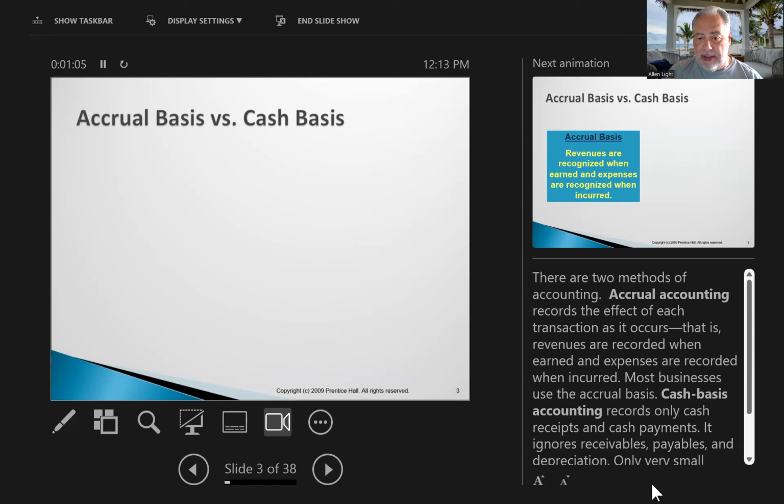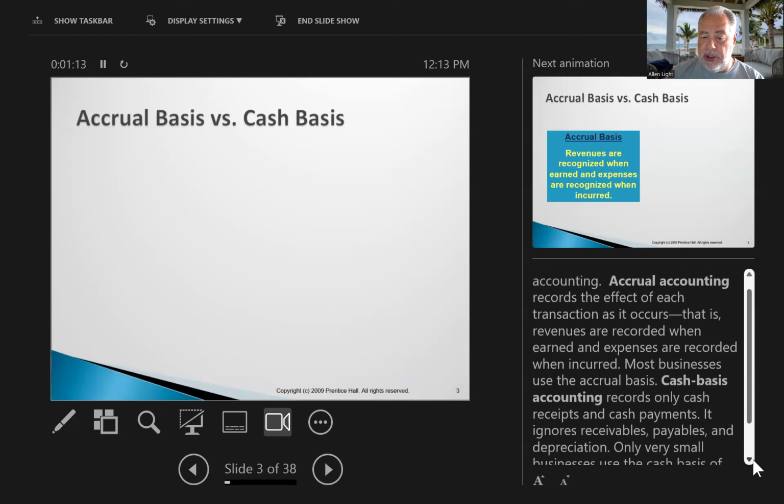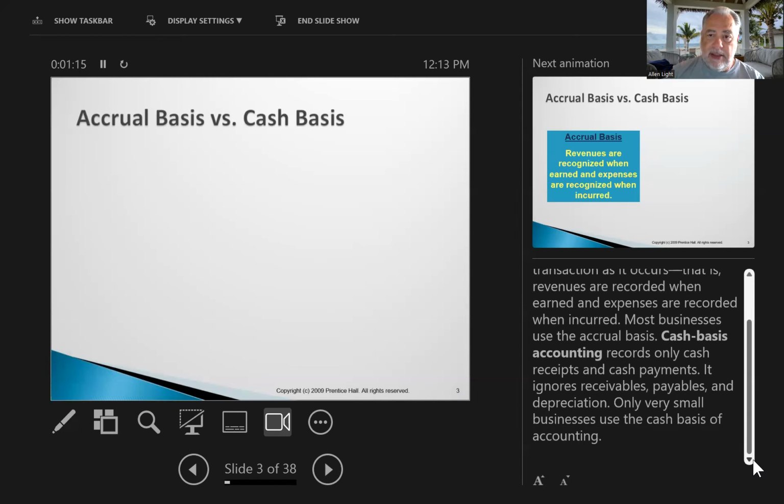Now, the cash basis accounting records only cash receipts and cash payments. It ignores receivables, payables, and depreciation. So in essence, your books aren't 100% accurate. They're not the most accurate that they could be because there's a lot of things that it's not taking into consideration.